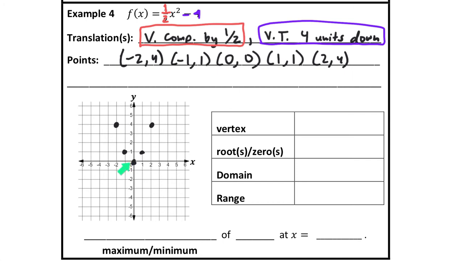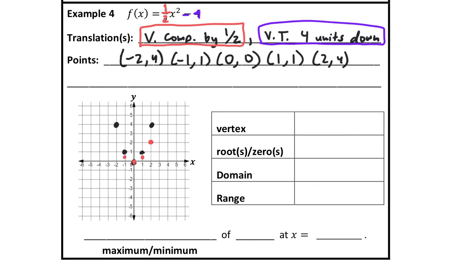So if I compress it, it's just like multiplying the heights, cutting them in half. But half of 0 is 0, so the 0 one is going to stay there. Half of 1 is half. So notice I'm cutting this distance in half. Half of 1 is 1/2. What's half of 4? Half of 4 is 2.